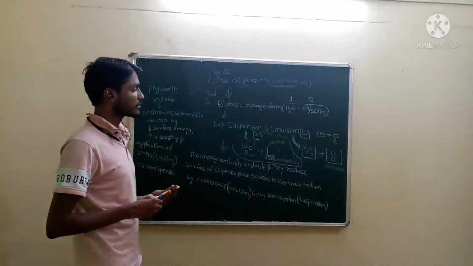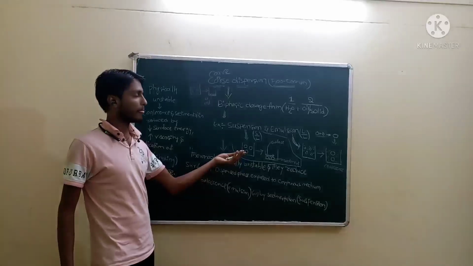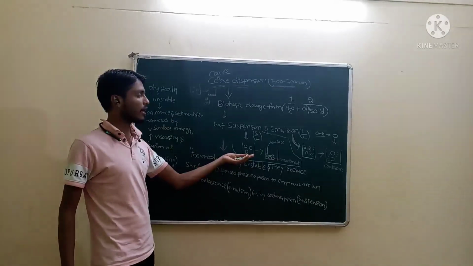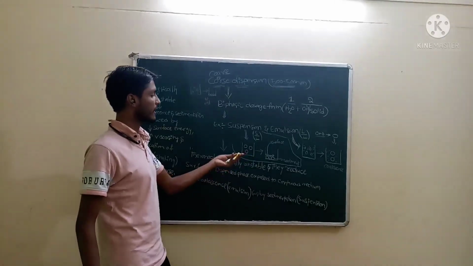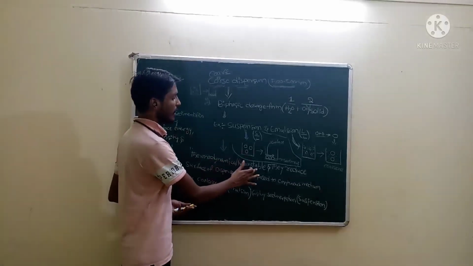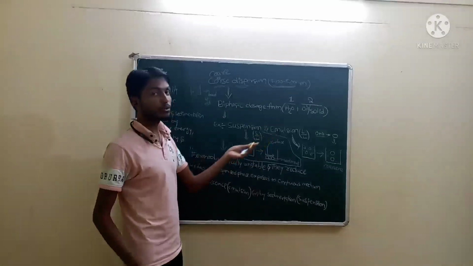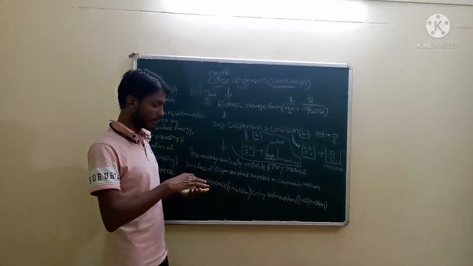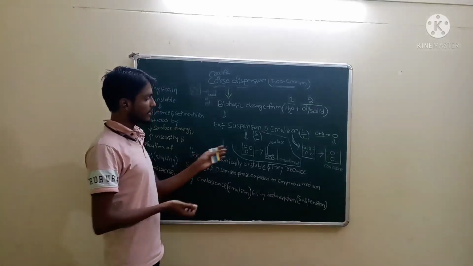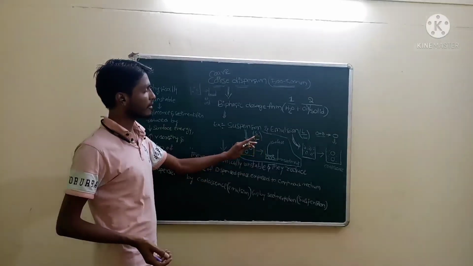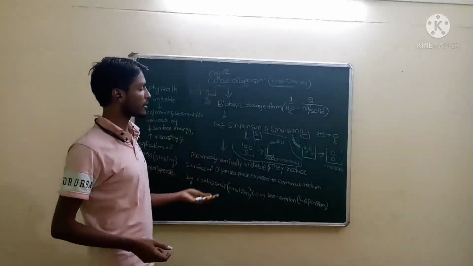Now, how can the pharmacist convert this thermodynamically unstable coarse dispersion, like suspension and emulsion, into a thermodynamically stable dispersion? Initially these are thermodynamically unstable, but a pharmacist needs to solve that problem.